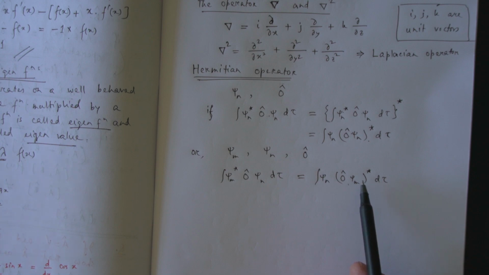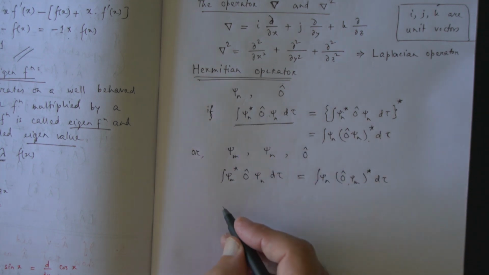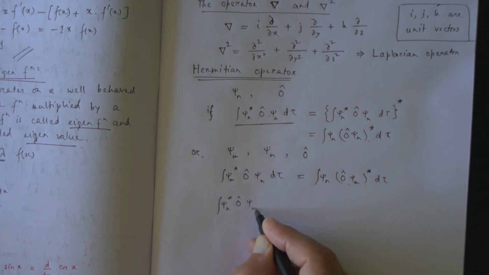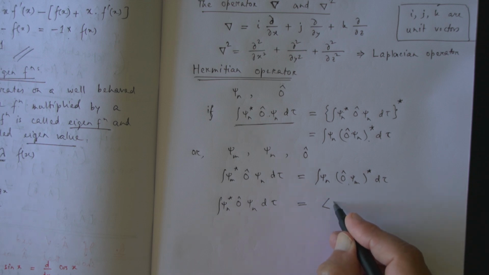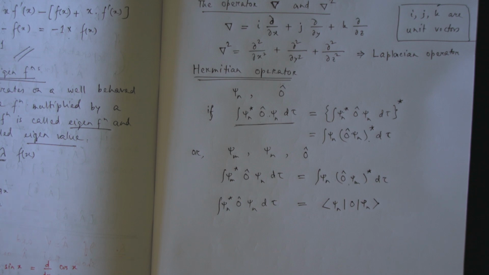So these are the different types of operators. Now let me tell you about one condition. This integration symbol, we can write like this, or simply we can write like this.